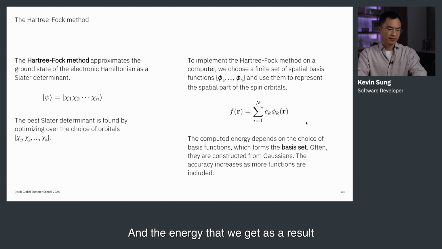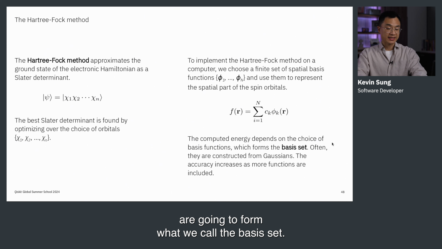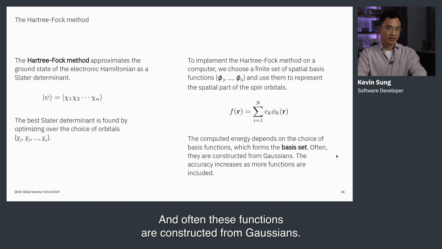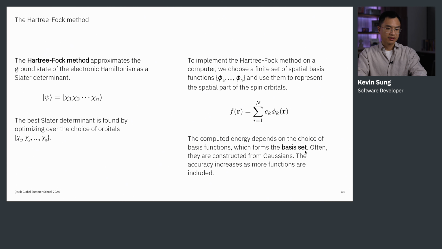The energy that we get as a result is going to depend on the choice of basis functions. The basis functions form what we call the basis set, and often these functions are constructed from Gaussians. The more functions that we include in the basis set, the more accurate the result is going to be.